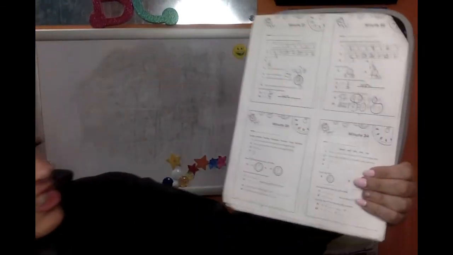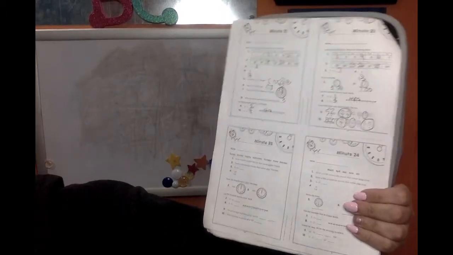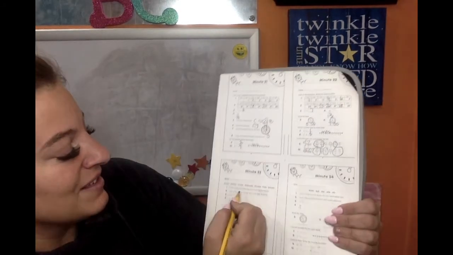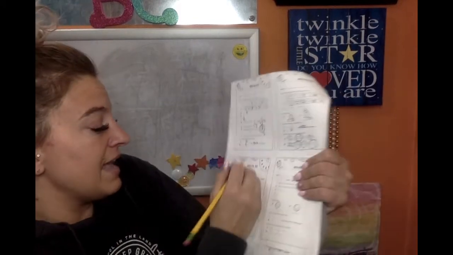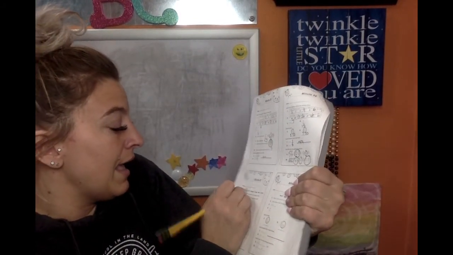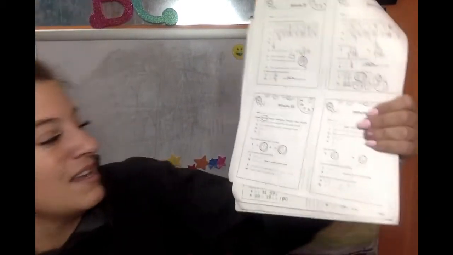All right. Question number 1 wants us to draw a circle around the day that comes before Tuesday. What day of the week comes before Tuesday? Monday! So let's find Monday and circle Monday. All right.